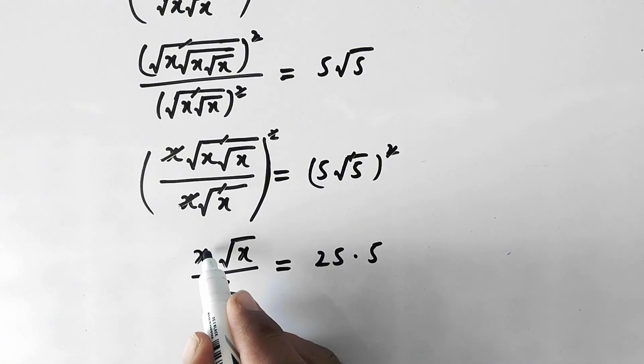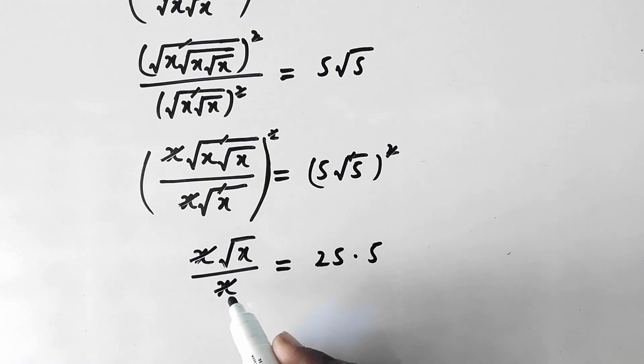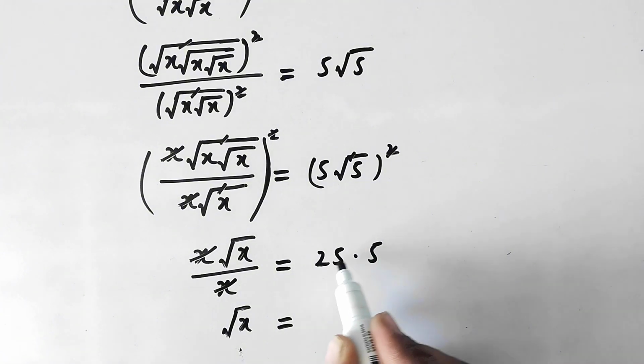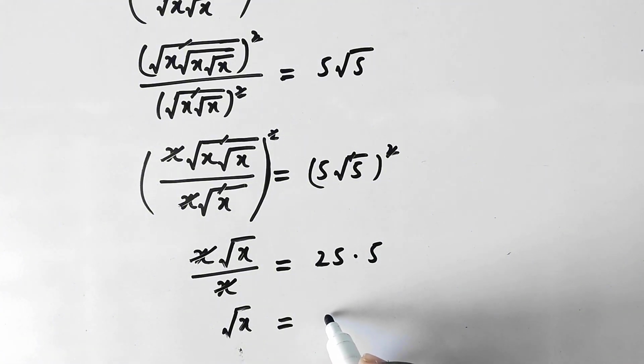And now here again this x will be cancelled by this x, and we will get here square root of x is equal to 25 times 5 is equal to 125.